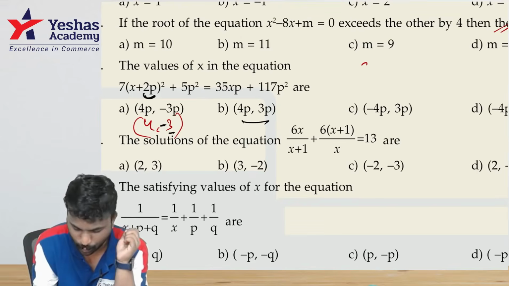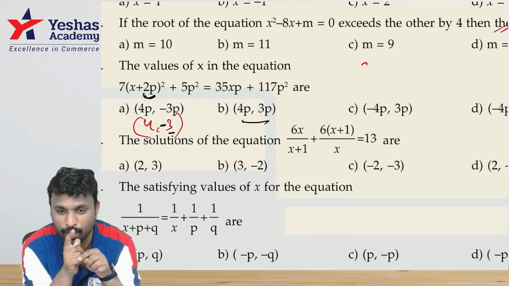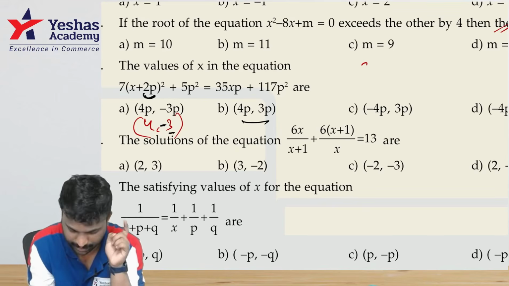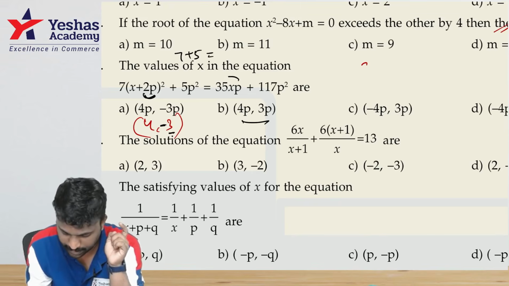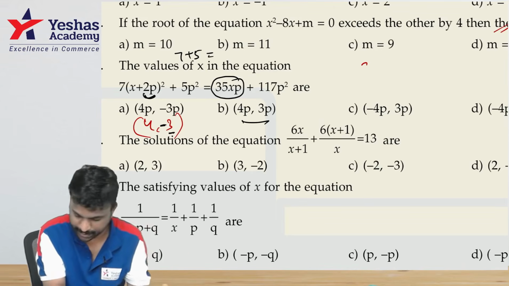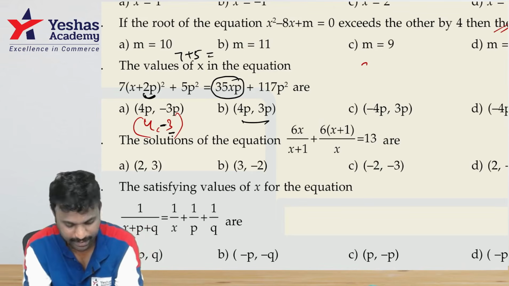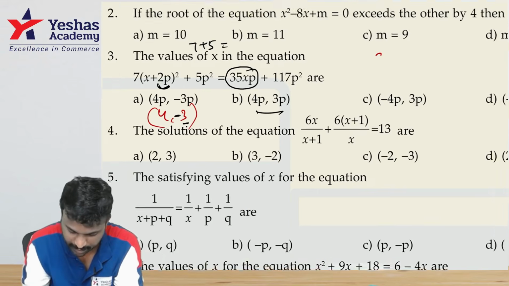Guys, 2 into 1 is 2, minus 3 is minus 1, minus 1 the whole square is plus 1, 1 into 7 is 7, plus 5 is going to be 12. How about this? 35 into x value, negative 3, plus 117 into 1, that will fetch you 12.